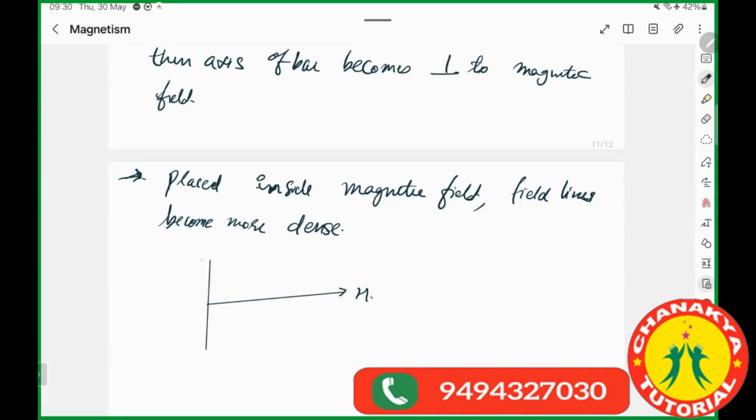H. This is I. So for this we can write: as it is getting feebly magnetized in the opposite direction, I is what? Intensity. Remember?